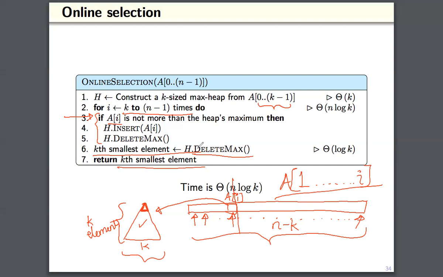But if you just do a scan, you will get the top k elements, but not in sorted order. Depending on your application, you might want them sorted, or you might not, or you don't care about the top k minus 1 elements. You are just interested in the kth smallest element. That you get when you call delete max just once, right after this loop ends. That's your kth smallest element.